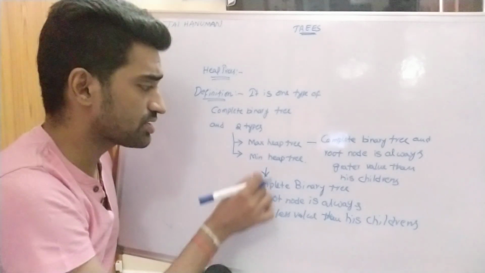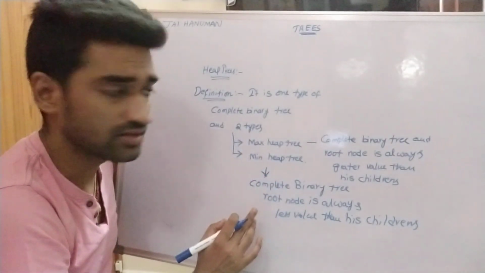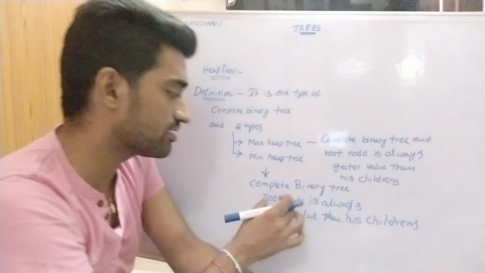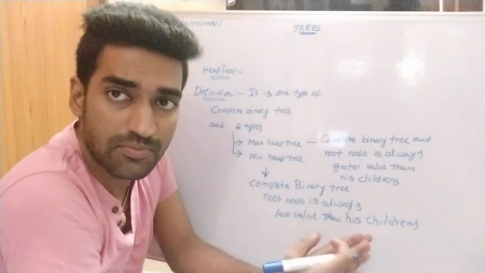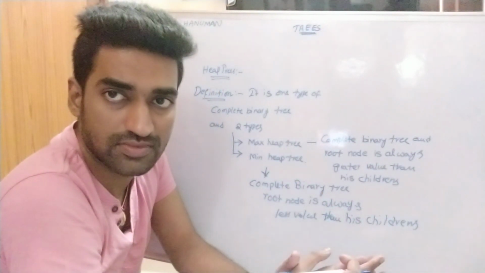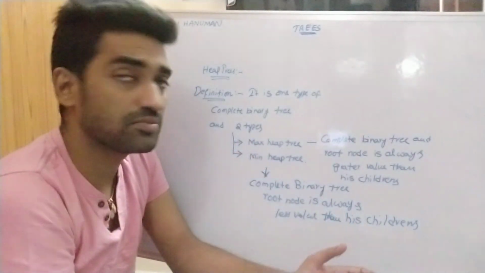So this is the definition of a min heap tree. A min heap tree is a complete binary tree in which the root node is always less in value when compared to its children. So this is about max heap tree and min heap tree.